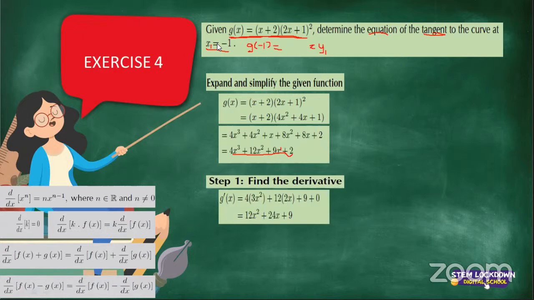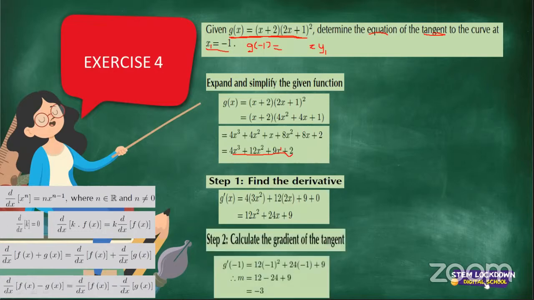So now that we have the derivative of our function, we can use our point to get what? The gradient of the tangent. We will substitute the value of x into our derivative to get the gradient.